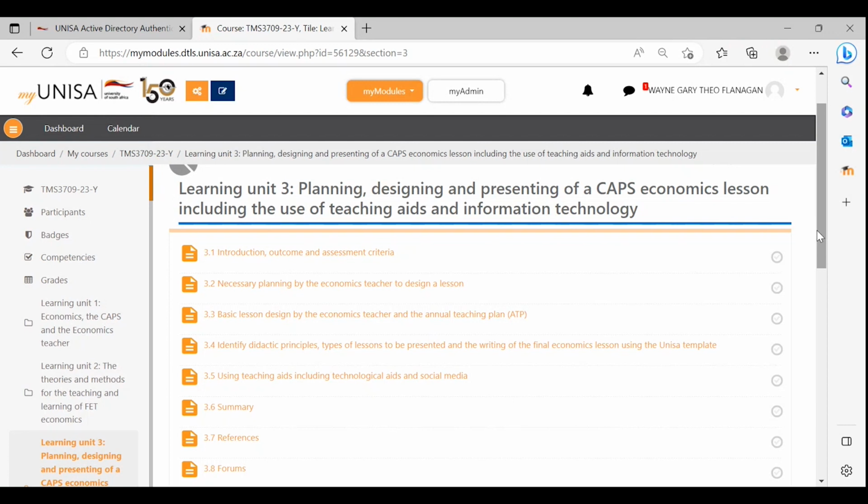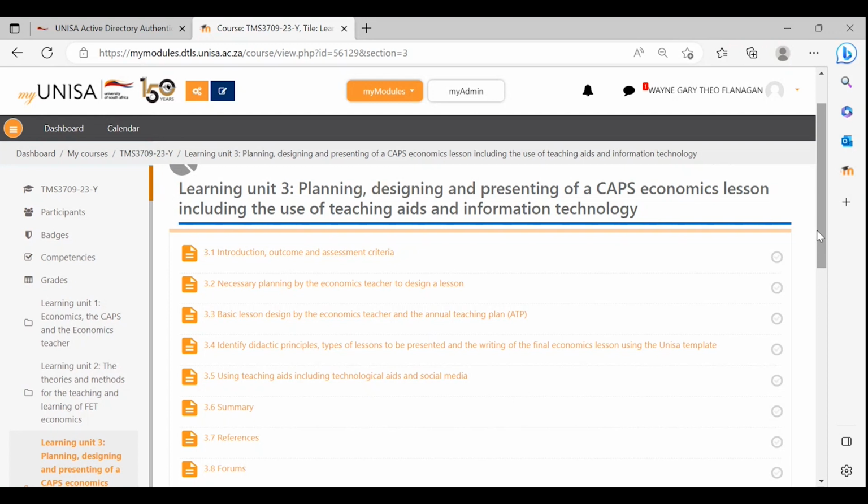And assessment number 2 consists of questions from Learning Unit 2. 70% is coming from Learning Unit 2, and the other 30% is coming from Learning Unit 3. For assignment 2, questions 1 to 5 are coming from Learning Unit 2, and questions 6 and 7 are coming from Learning Unit number 3.